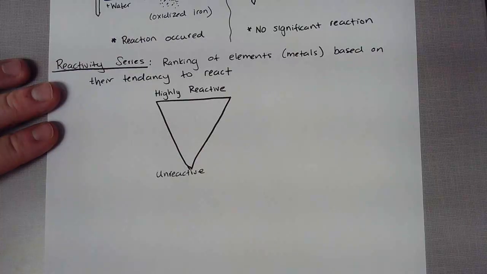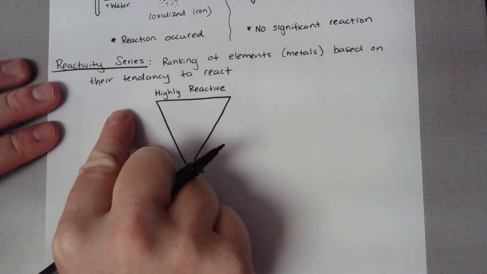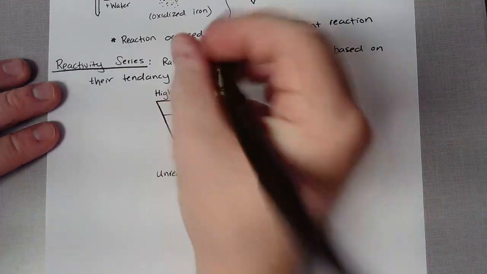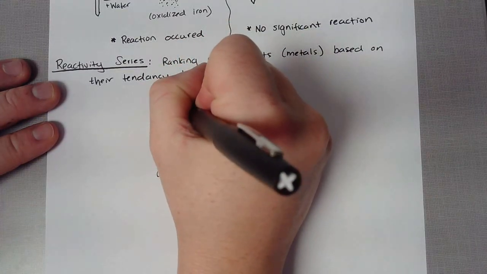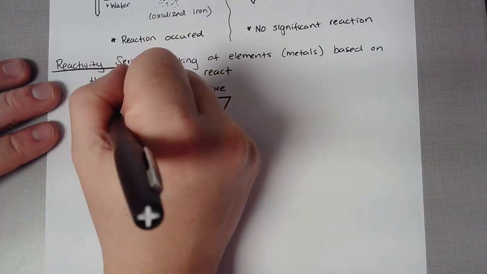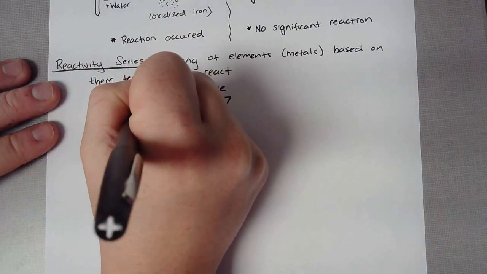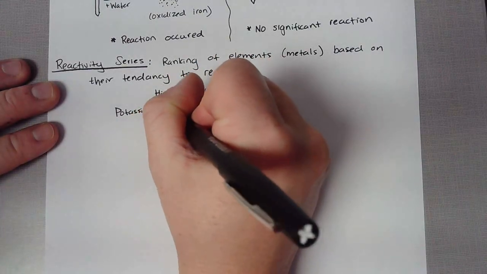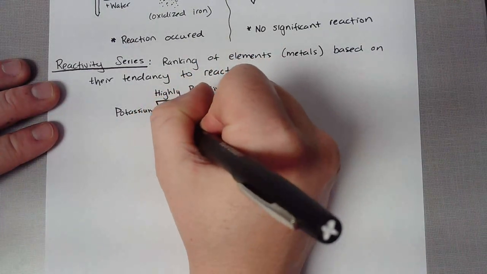So, some examples of highly reactive elements. These are elements that react with things just like normal water. Would be elements like potassium and sodium. Other elements might not react readily with water, but might react with water if you left them in there for an extended period of time, or they might react with other chemicals such as weak acids.